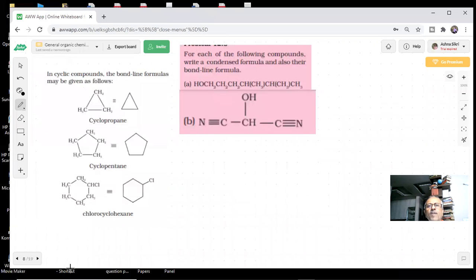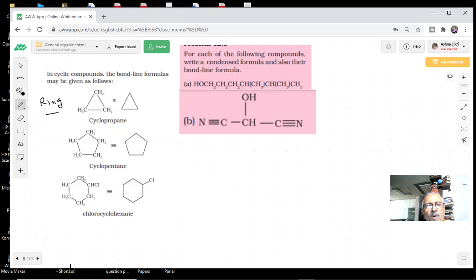All right. If there are cyclic compounds, students, you know that there are rings. Carbons are joined in rings. What is this? Cyclopropane. How do you represent cyclopropane in the bond line? This is my cyclopentane, students.